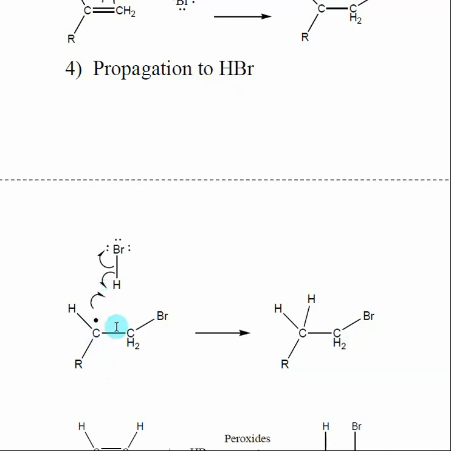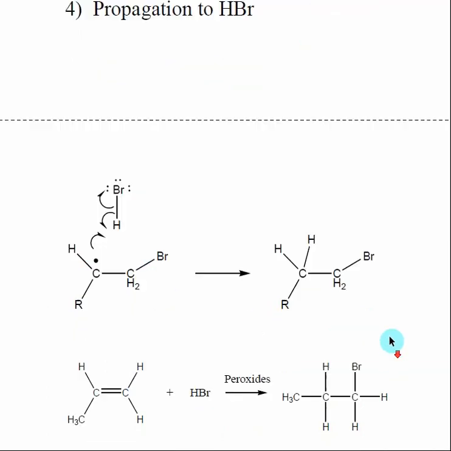So the free radical does an abstraction from HBr. Once again, of these two electrons, one jumps onto the bromine, so we form a bromine free radical, which can go back and continue the reaction. One electron from the bond pairs with the electron from the free radical to form a CH bond. And so in the end, we form our product.